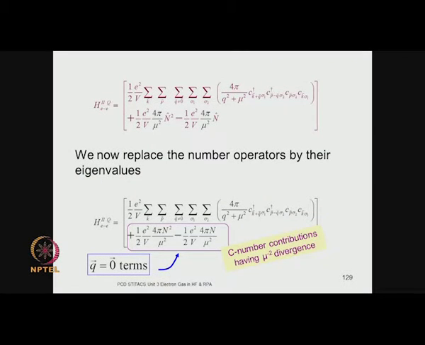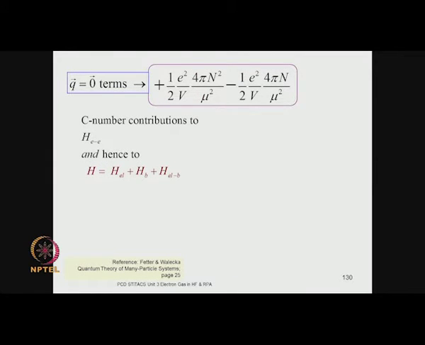Both of these are coming from the q equal to 0 terms. These are the two contributions, these are the C number contributions, these are just numerical contributions. First one is with a plus sign, the second one is with a minus sign, but mind you, the first term has N square and the second has N. So, you have to be careful with that.